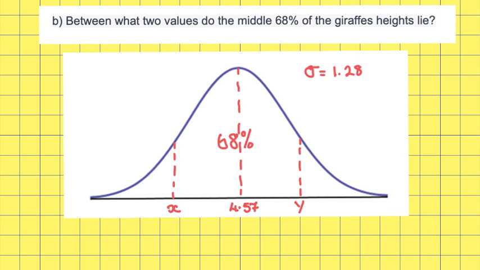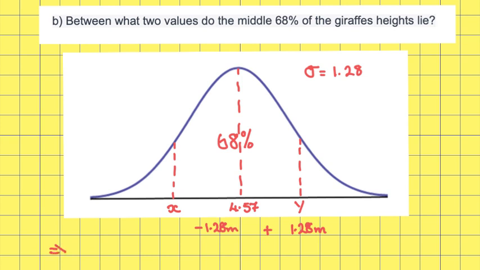Well, that is one of our important numbers in the empirical formula. We know that 68% of the data lies between one standard deviation above and one standard deviation below. So one standard deviation above, we can add 1.28 meters. One standard deviation below, we can subtract 1.28 meters.